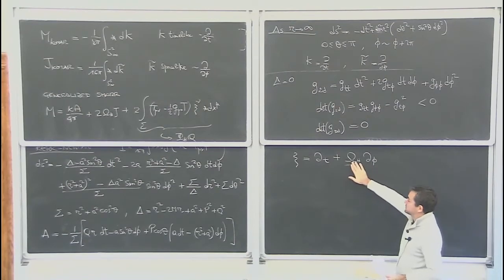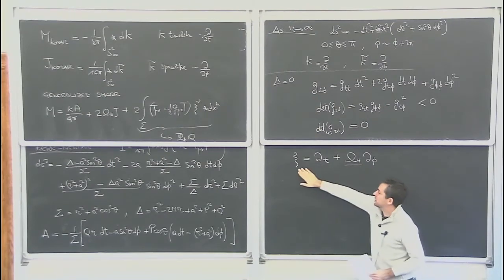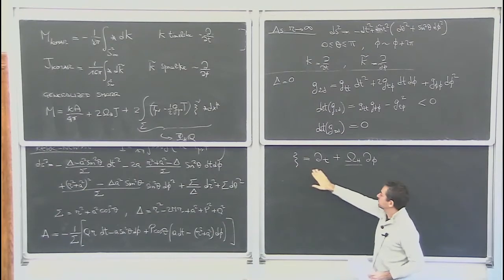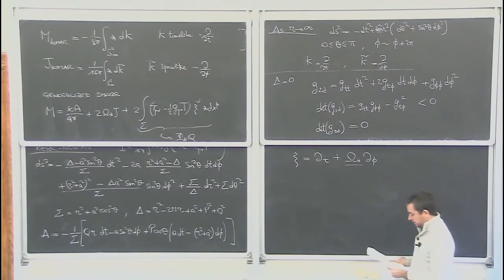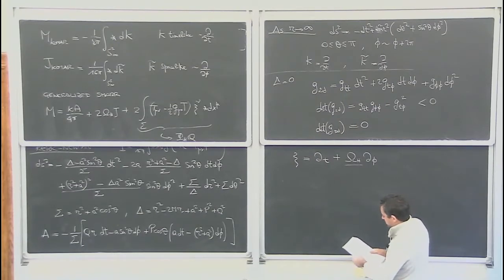We expect this is a constant, because otherwise it would not be obvious that this is a Killing vector if these two are Killing vectors. So let's study this.